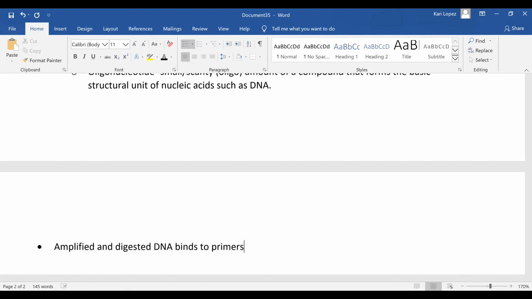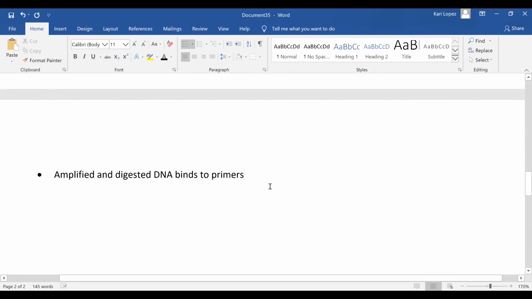And again, primers are short segments of single-stranded DNA used to initiate replication. And then after that, computer analysis determines which primers attach.